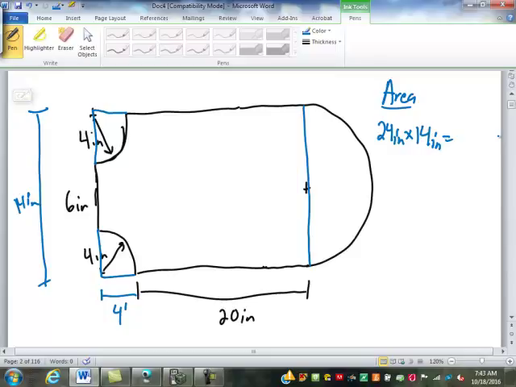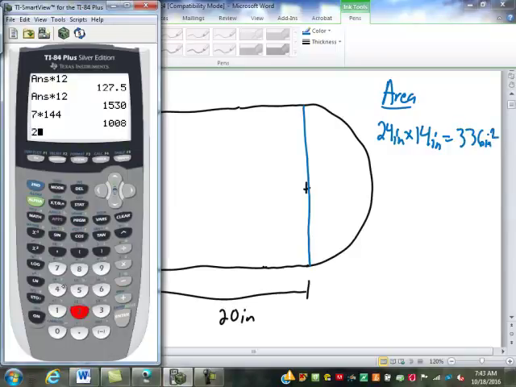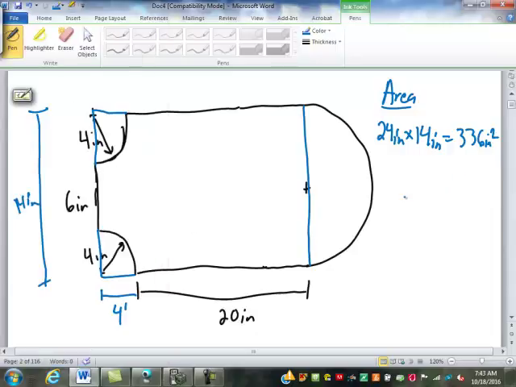So that is what? 336, I believe. I'm going to double check because it's early in the morning and little hamster ain't quite to the wheel yet. 336. Okay. From that, I'm going to have to add this half circle, which has a radius of how much? Careful. Diameter of 14. Radius of 7.